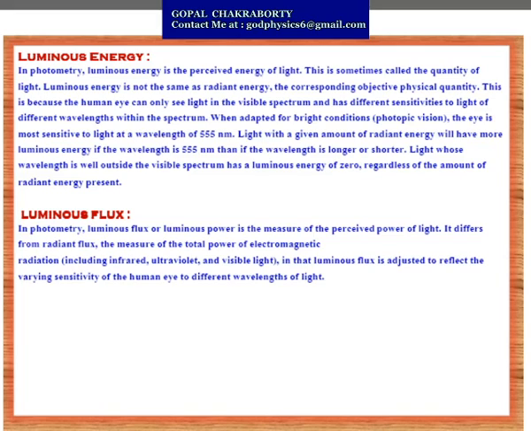Light with a given amount of radiant energy will have more luminous energy if the wavelength is 555 nanometer than if the wavelength is longer or shorter. Light whose wavelength is well outside the visible spectrum has a luminous energy of 0 regardless of the amount of radiant energy.